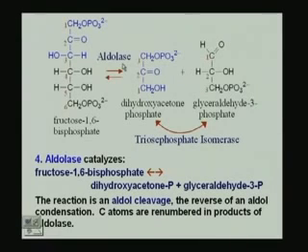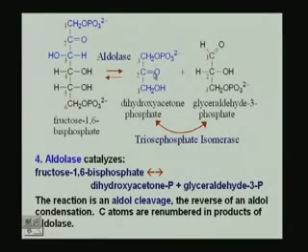We have now an aldolase, which is a reaction that is going to involve aldol cleavage, and there is going to be a reverse of aldol condensation, which means you are going to have a break at this position here, where we are going to have the formation of 2 3-carbon units. One of them is dihydroxyacetone phosphate.